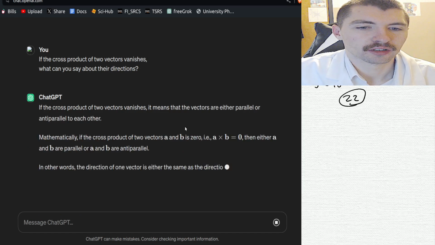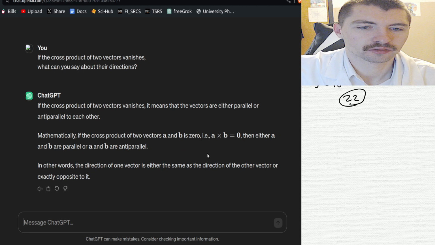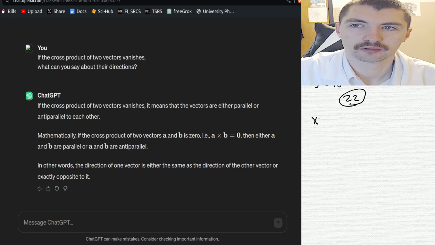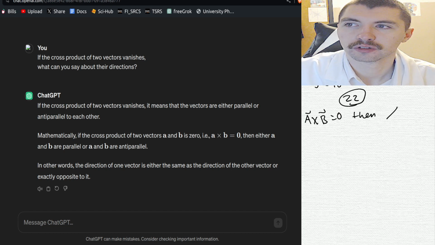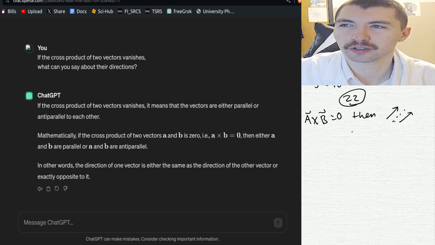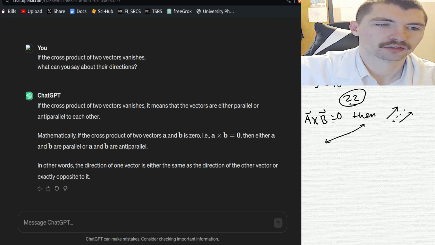Parallel or anti-parallel? So then it's either like this, or what's anti-parallel? I think anti-parallel might be like this.